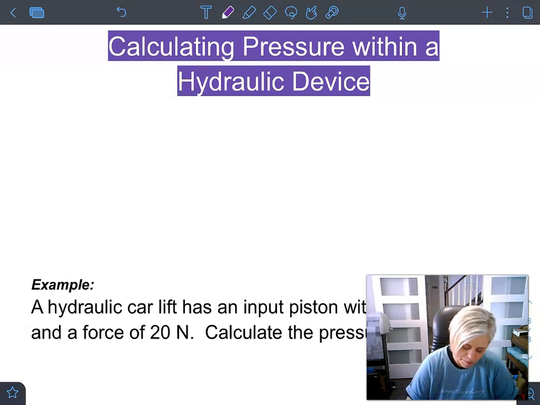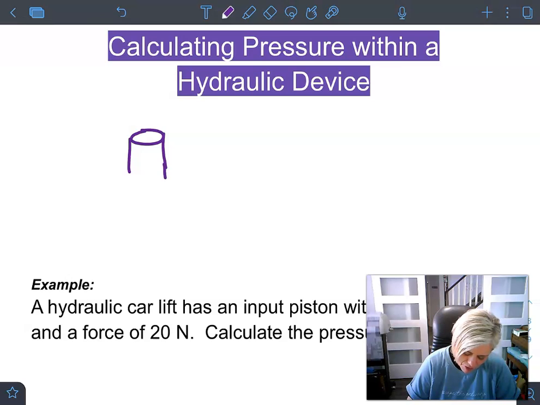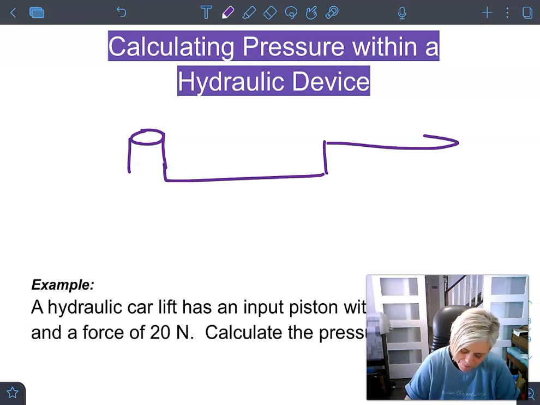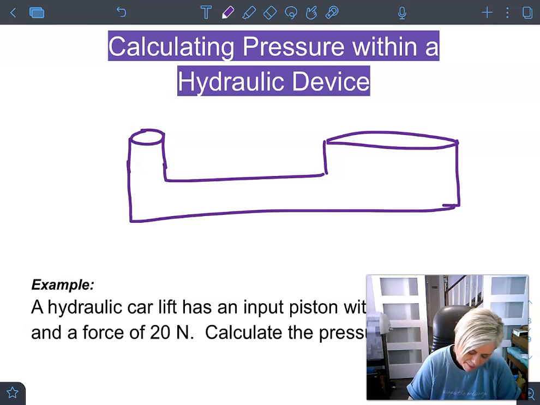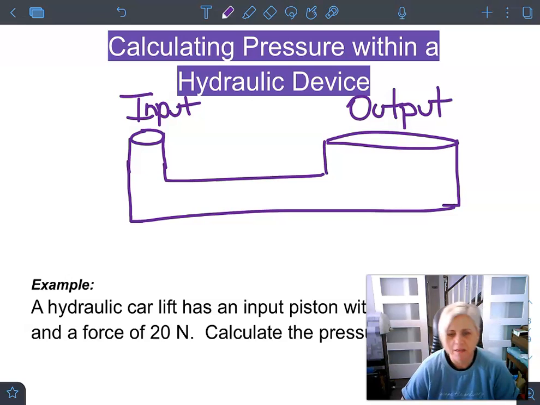If we do a little drawing here of a hydraulic device, I'll draw a really simple input piston, this one here, and the output piston, this one here. You can see the input piston is a lot smaller. The output piston is typically bigger because we want this force advantage.